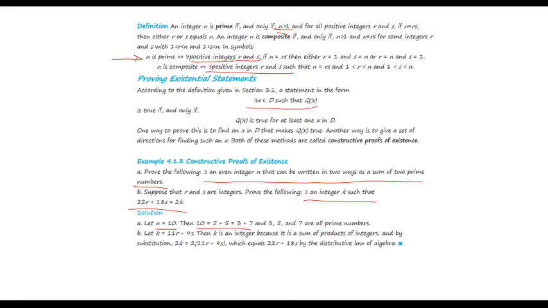So in this case, if we assume k is equal to 11r plus 9s, then using the distributive law of algebra, we can say 2k, which is 2 times 11r plus 9s, is equal to 22r plus 18s.